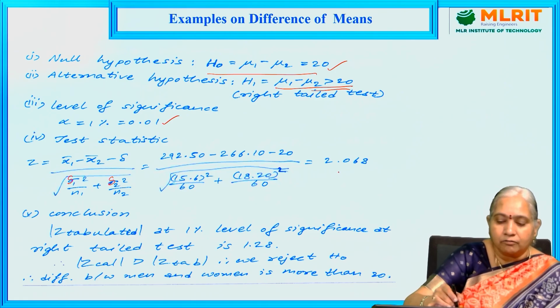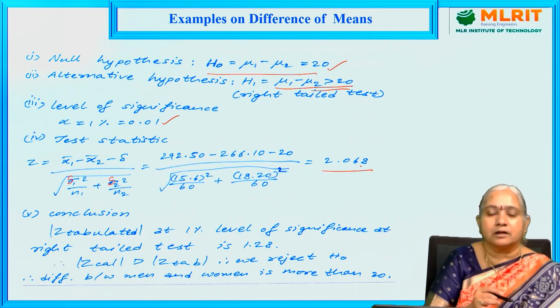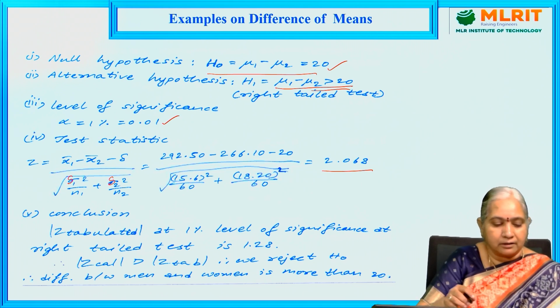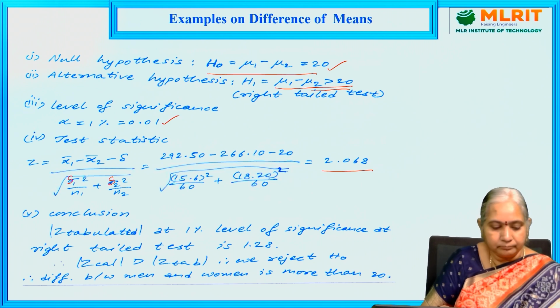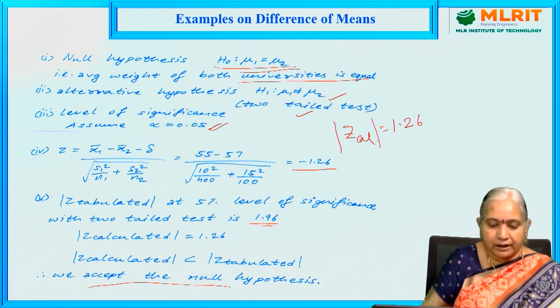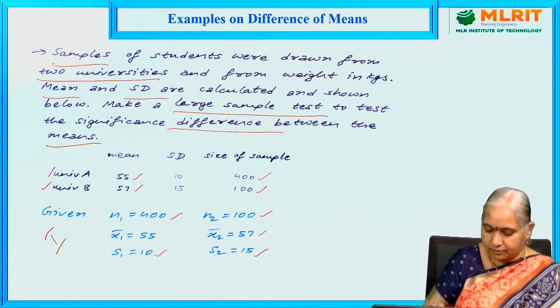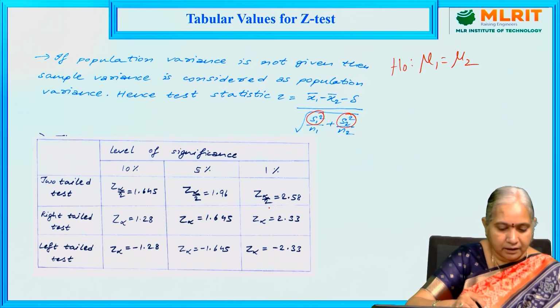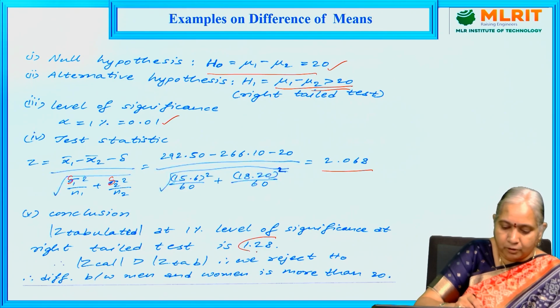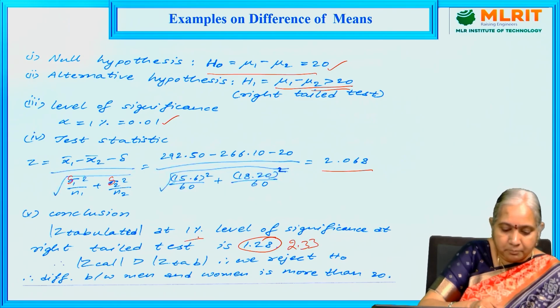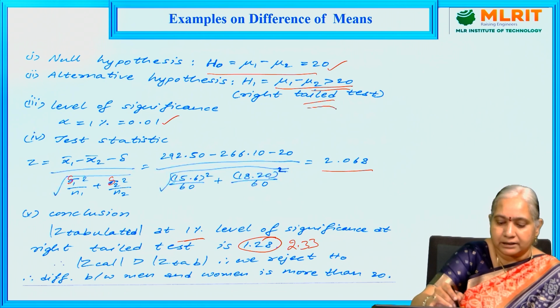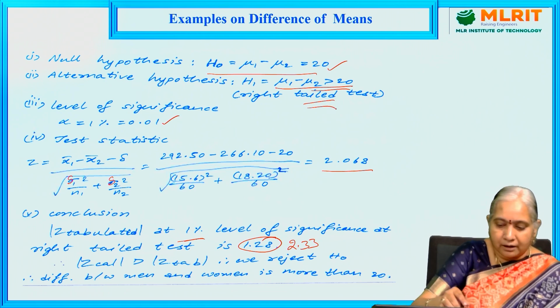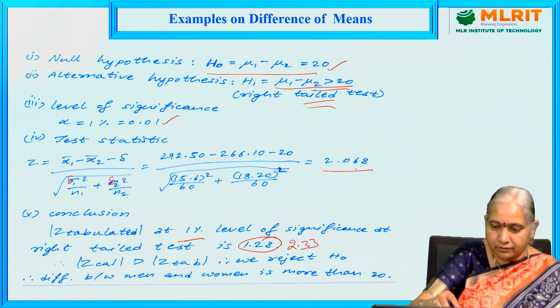After calculating, we get the Z calculated value is 2.068 and Z tabular value at 1% for one tail test, for greater than 20 means right tailed, is 2.33. So tabular value at 1% level of significance for right tail test is 2.33. Our calculated value is 2.068.